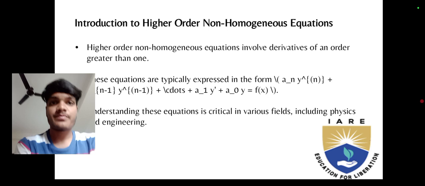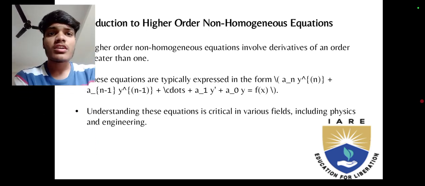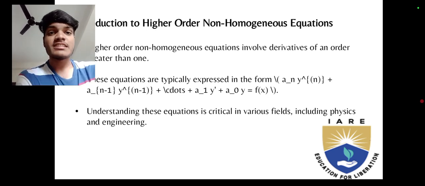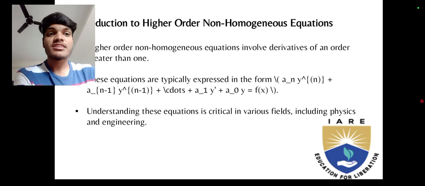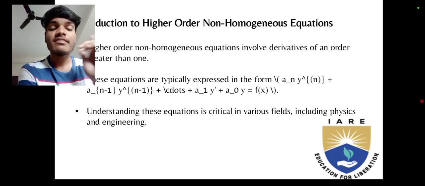First, introduction to higher order non-homogeneous equations. Higher order non-homogeneous equations involve derivatives of an order greater than 1. What is the main meaning? The definition is that these are equations with derivatives of order greater than 1.